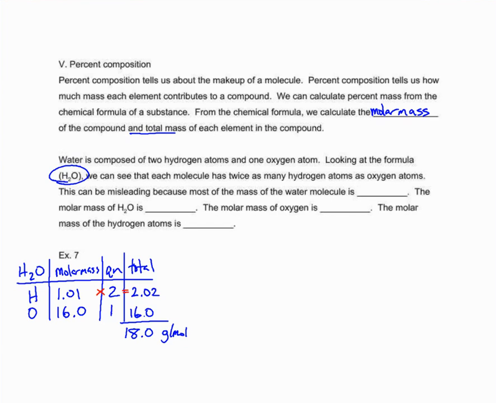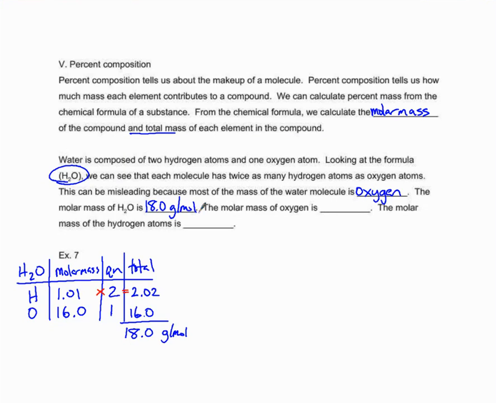So just the formula could be a little bit misleading. It looks like there's a lot more hydrogen there, and by the number of atoms, yes, that's true. But if you look at it by mass, it might be different. Most of the mass of the water, if you look at these totals, is oxygen. So the molar mass of the water itself is 18 grams per mole.